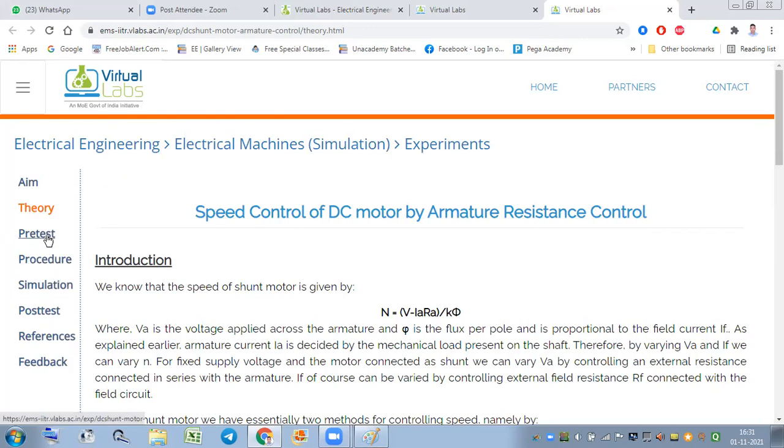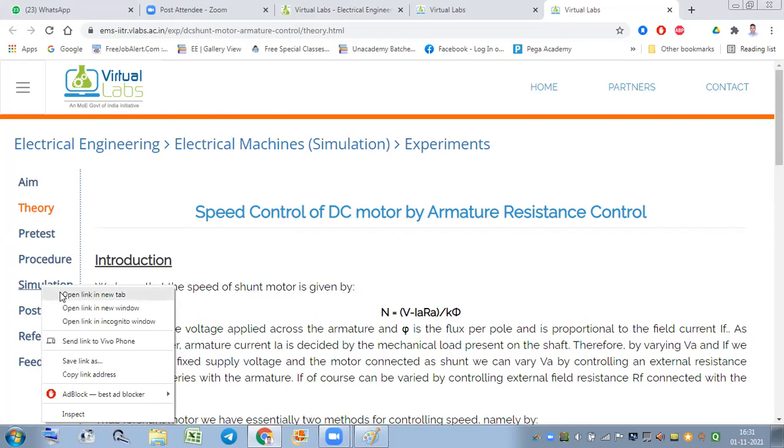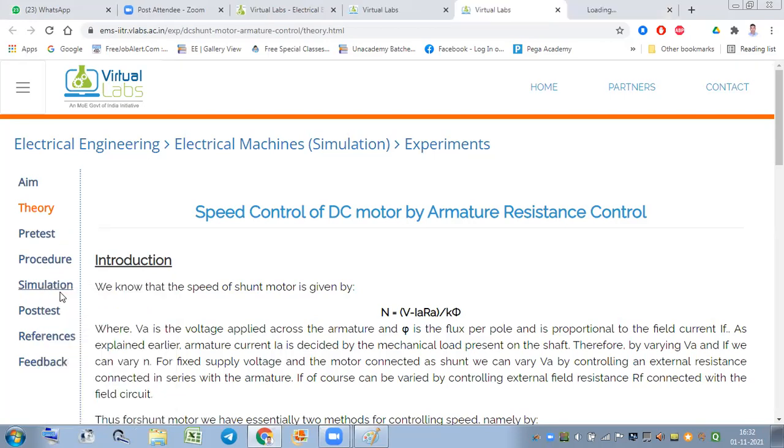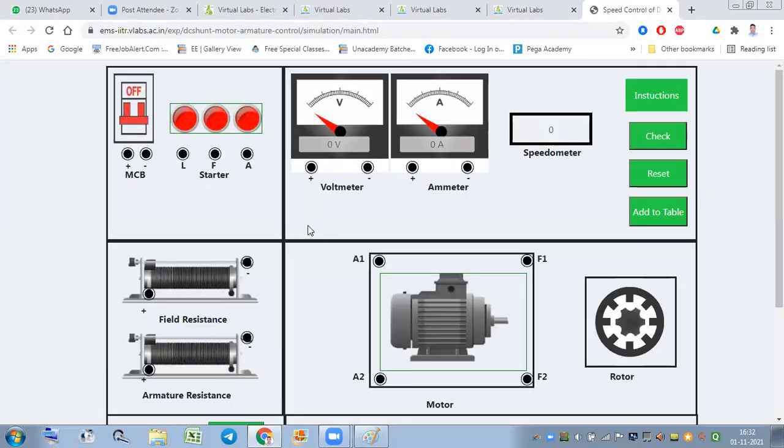Now the procedure, simulation, everything is there. Now we go directly to the simulation. We already know the theory part, and we already drew the circuit and the graph, but we are now going to the simulator of this particular experiment, which is provided by IIT Roorkee.